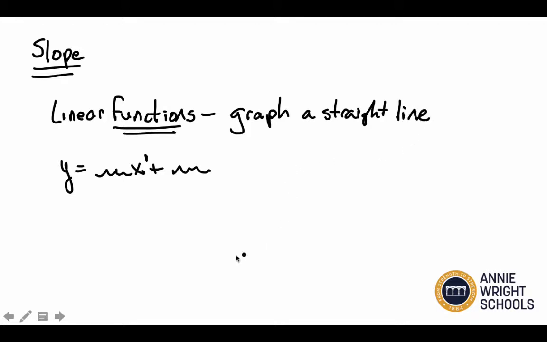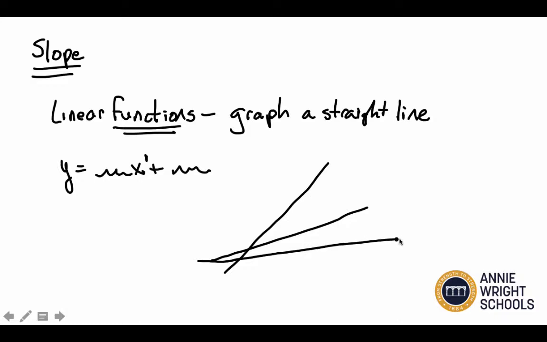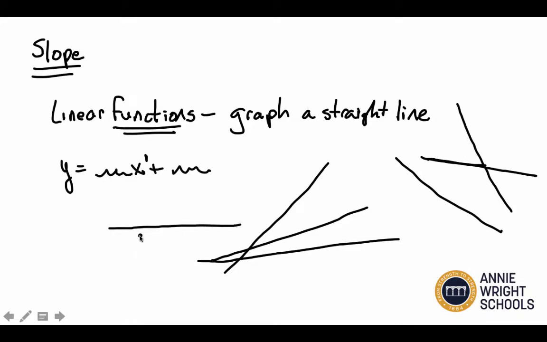All lines have a slope: a steep slope, a very shallow slope, a positive slope, a negative slope, a zero slope, that should be horizontal, a negative slope that's really shallow, a negative slope that's really steep. Horizontal lines, if I can draw one, that is a zero slope.